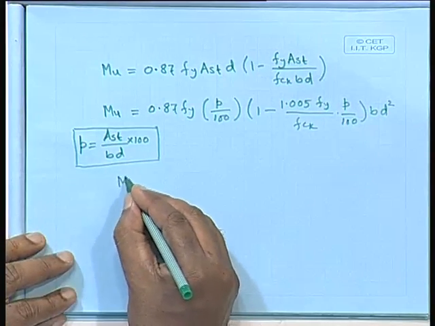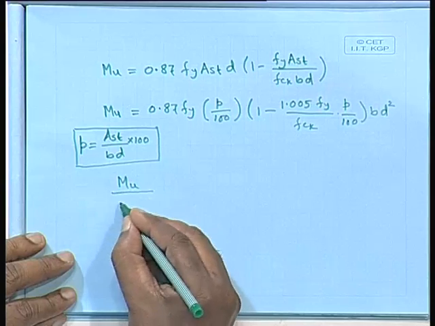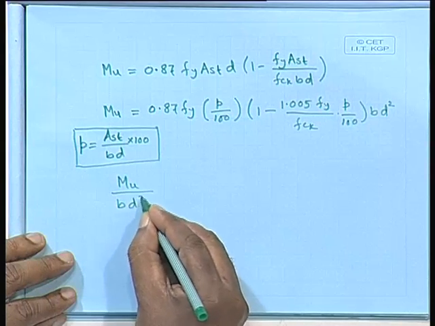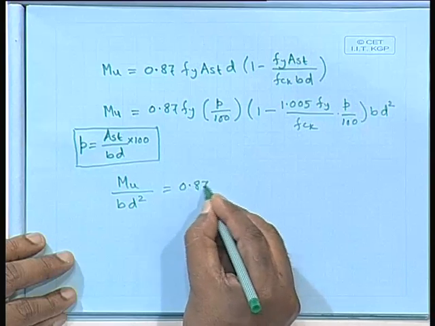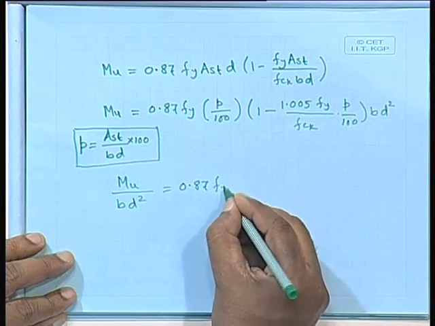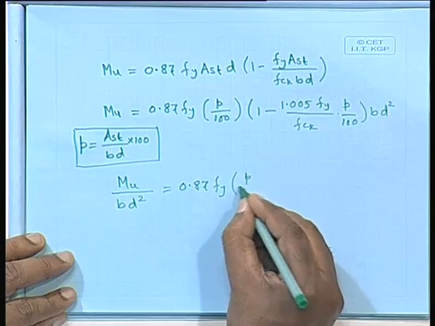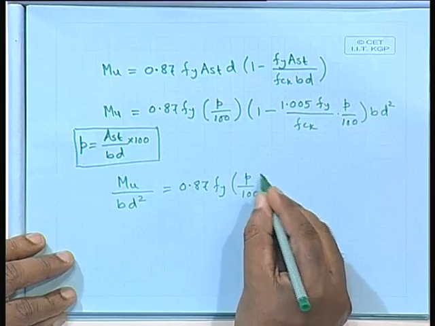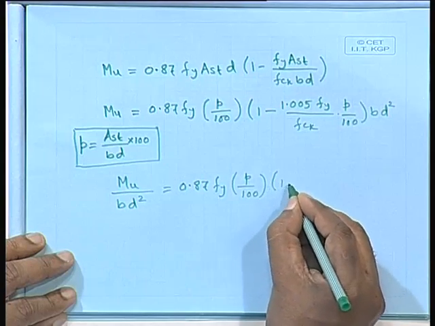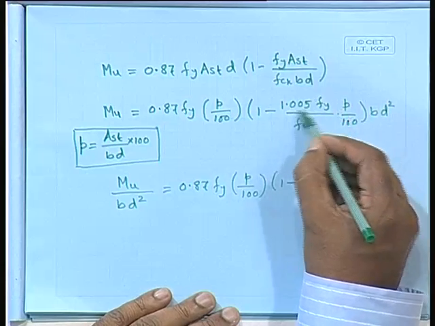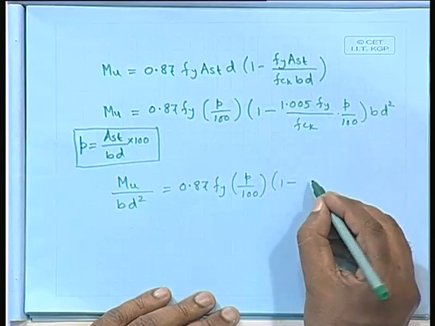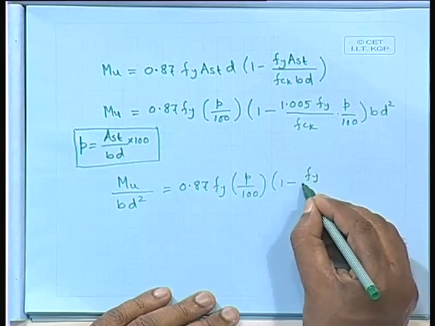We generally write down in this fashion Mu by Bd square equal to 0.87 Fy P by 100 multiplied by 1 minus Fy by Fck P by 100. Here again I can omit this 1.005, ignore that.